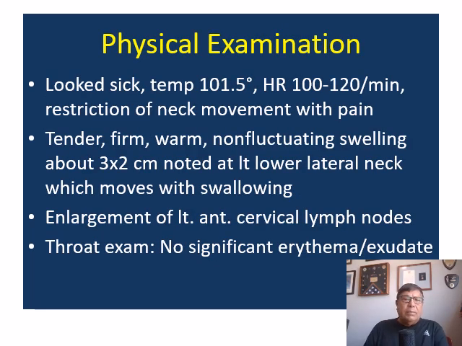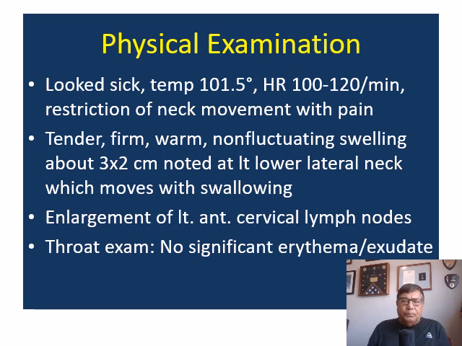On physical examination, she actually looked sick. Her temperature at the time of exam was 101.5 degrees Fahrenheit. Her heart rate varied between 100 and 120 per minute. There is a definite restriction of neck movement, and the pain is easily elicited with different types of neck movement, especially if it is bent forward and in a slightly lateral position.